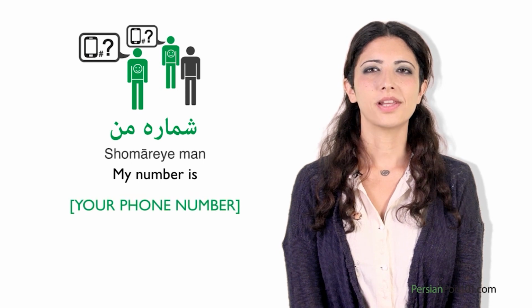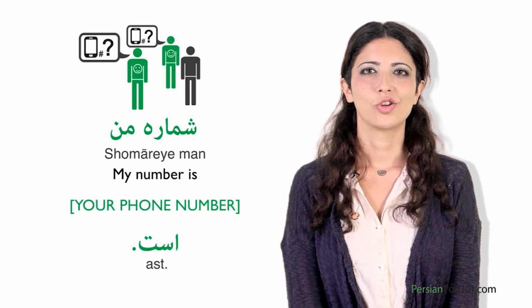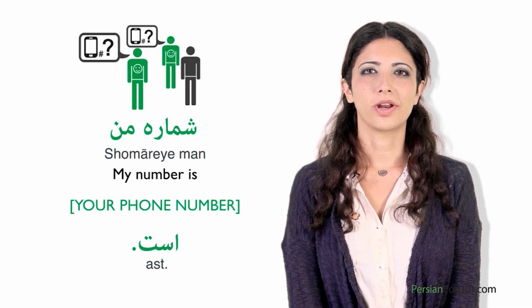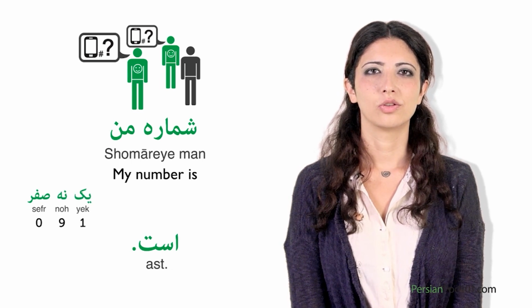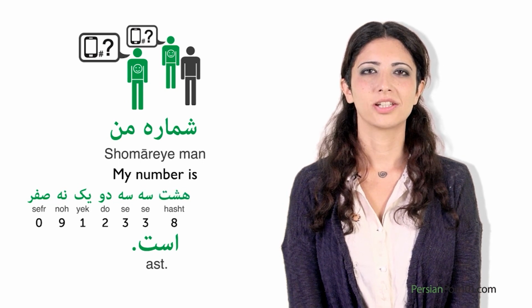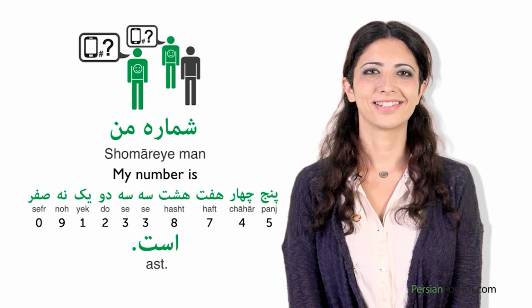You say the numbers after that, and then finish by saying ast. Shomareye man, sefr, no, yek, do, se, hasht, haft, chahar, panj, ast.